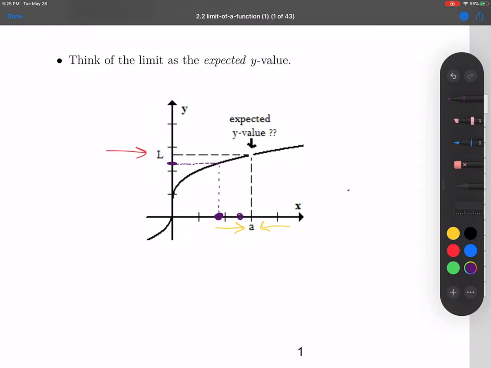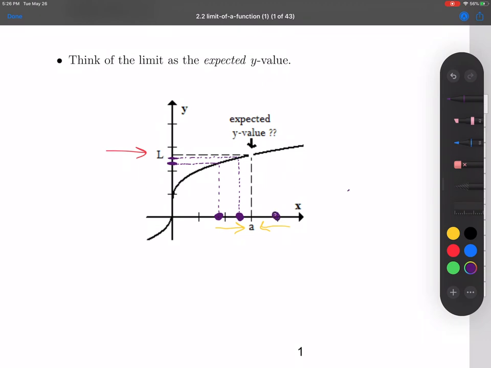And then I said, okay, let me choose another point that's a little bit closer to a, still on the left-hand side. And then I figured out where that hits my graph, and then draw a horizontal line over to the y-axis. Okay, that's right there. Can you guys see that as I'm getting closer to a, my y values are getting closer to that L? It's getting closer to whatever y value L is.